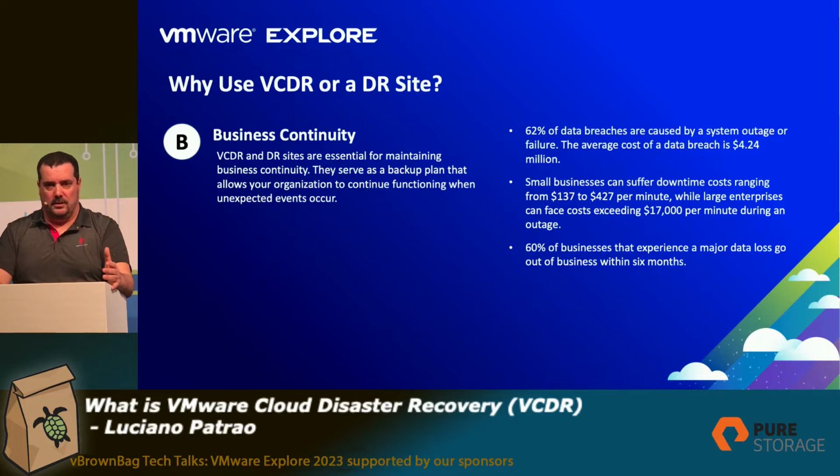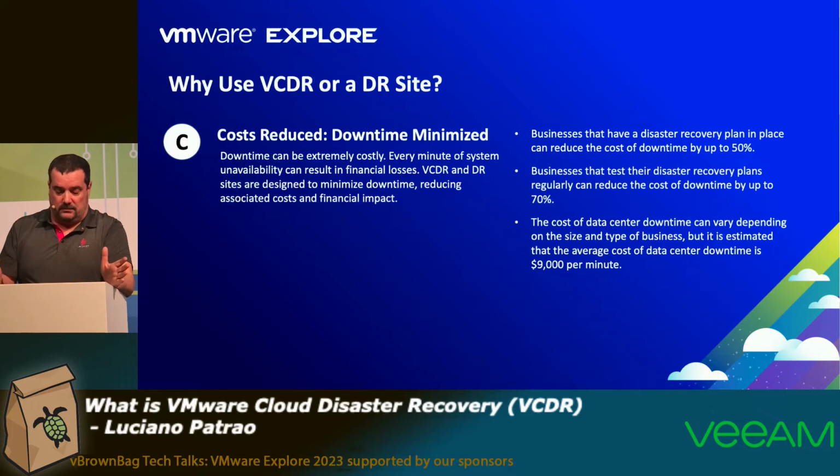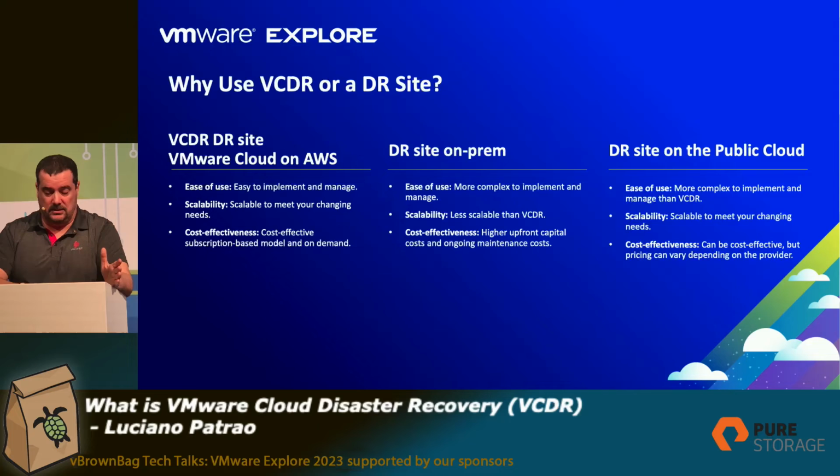Companies go bankrupt if they don't have their DR site running. Around 60% of companies will go out of business if they don't have a DR site. Also cost reduction and minimized downtime are other reasons to have a DR site, in this case VCDR.